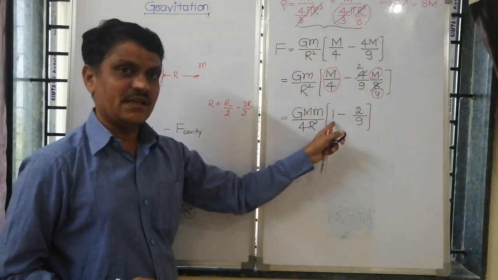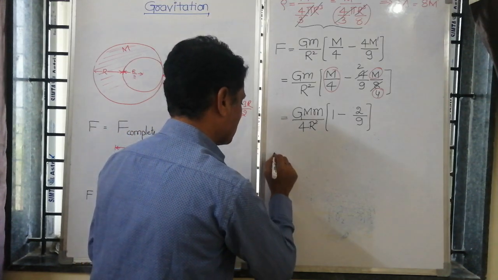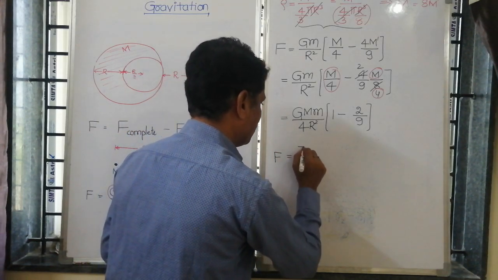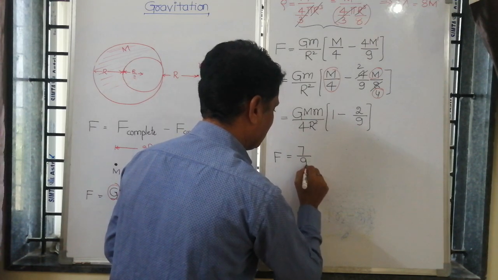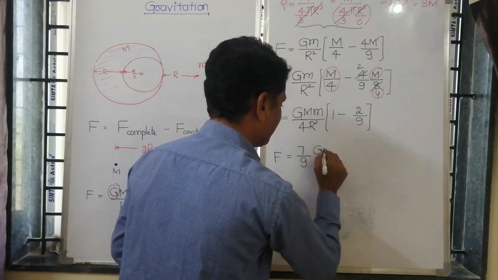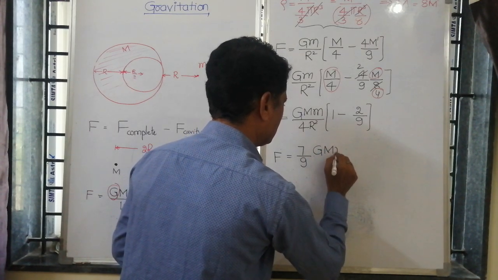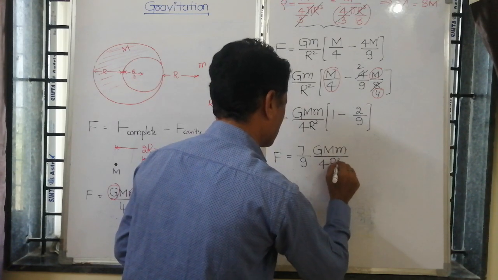Then what is LCM? 9. 9 minus 2 is 7. So the final answer is F is equal to 7 by 9 for this bracket. Then capital G, capital M, small m divided by 4 r square.